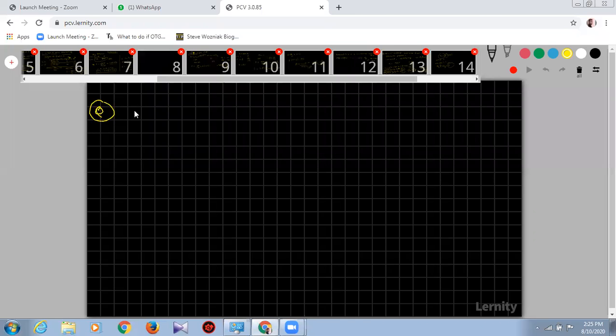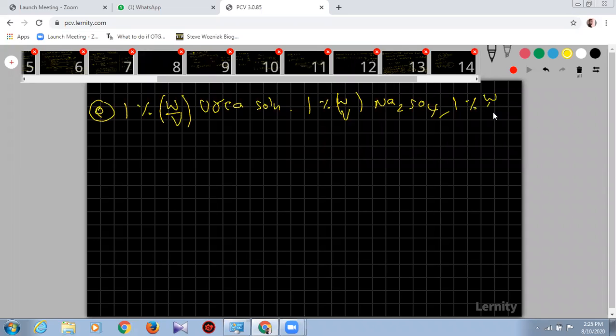So write down: 1% weight by volume urea solution, 1% weight by volume sodium sulfate solution, and 1% weight by volume NaCl solution.